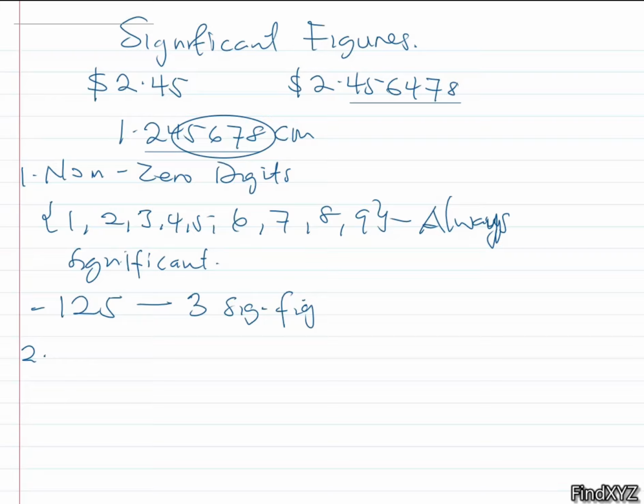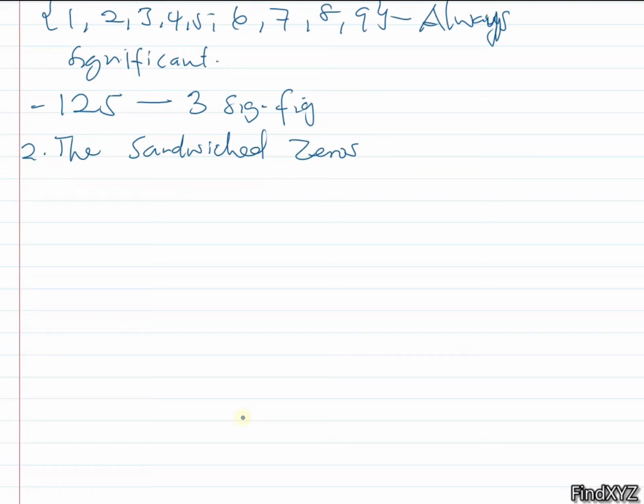The first time 0 can be significant, I call it the sandwich zeros. Whenever you have zeros stuck in between two non-zero digits, that is when the 0 becomes significant. That is not the only way, but whenever you have 0 stuck in between non-zero digits, the zeros are significant. So the sandwich zeros are significant. The first example is 2005.